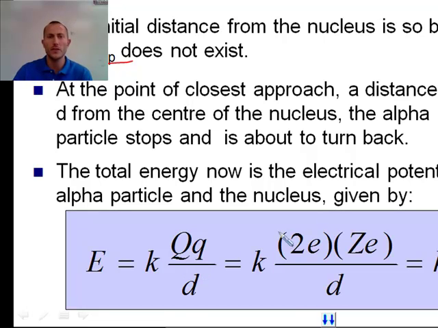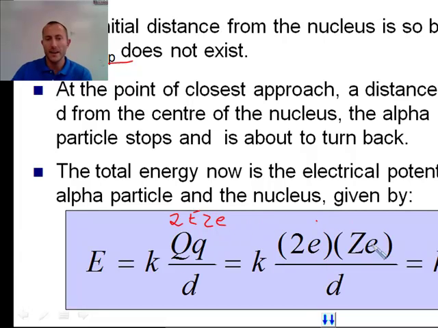Now, if we substitute in our charges, one of our charges is 2e, and again, remember, e is just the elementary charge. Here we're talking about a positive charge. Remember that protons and electrons have equal charges but opposite signs, so we can still use e to represent the charge. So that's 2e and then Ze.